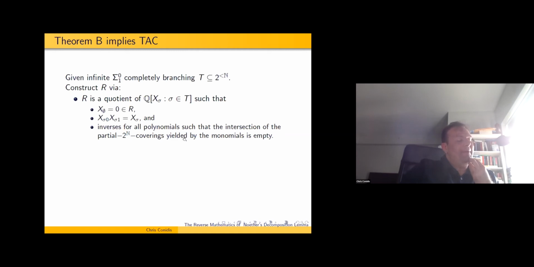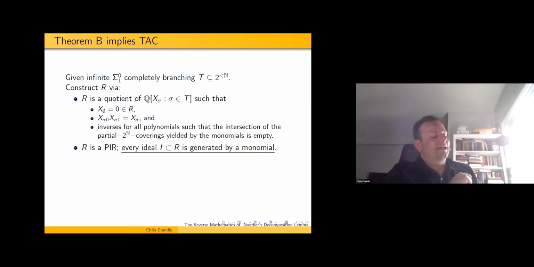So basically you take this localization, where you're inverting certain ring elements. What that does is lead to a principal ideal ring, where every ideal is generated by a single monomial of the ring.